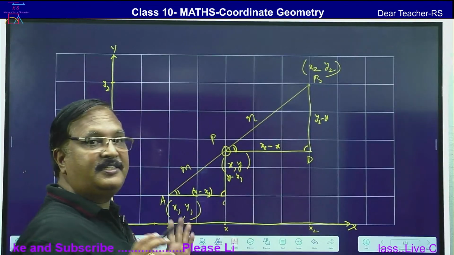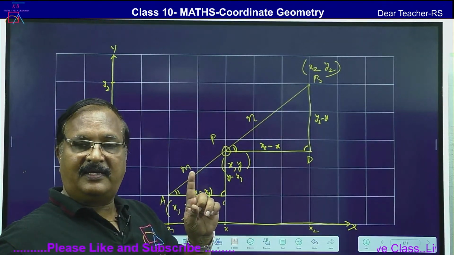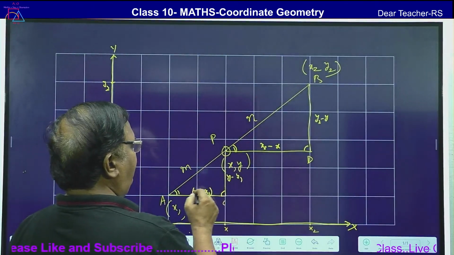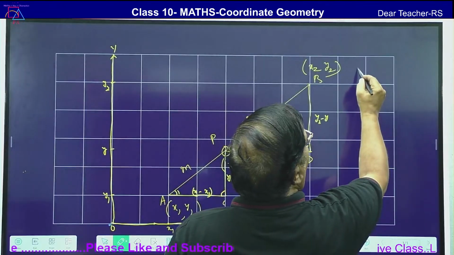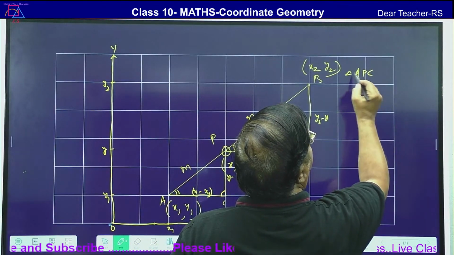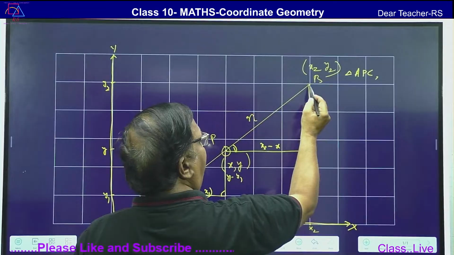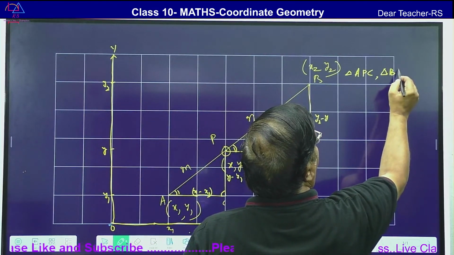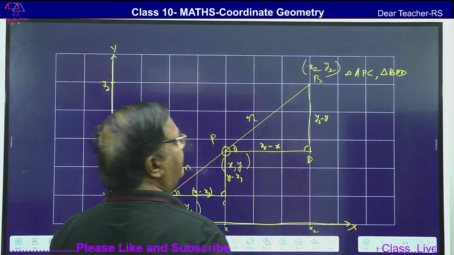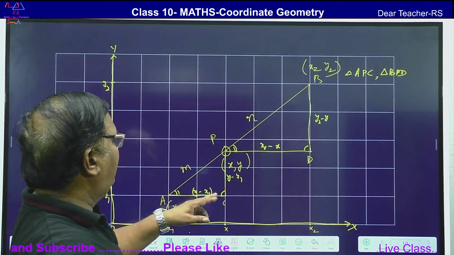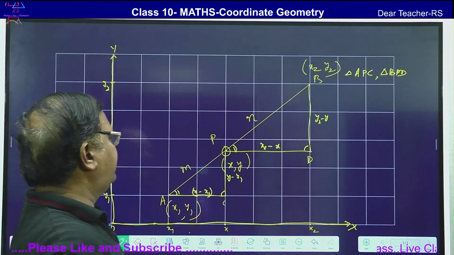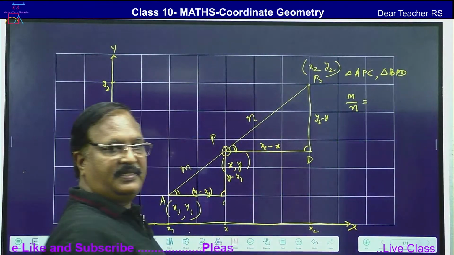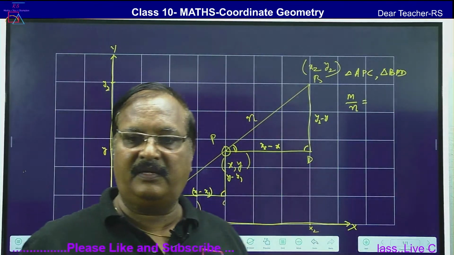First, the hypotenuses: I am taking triangle APC first, and triangle BPD. In these two triangles, with 90 degrees, the hypotenuses are in the ratio m by n. This is the ratio of hypotenuses.